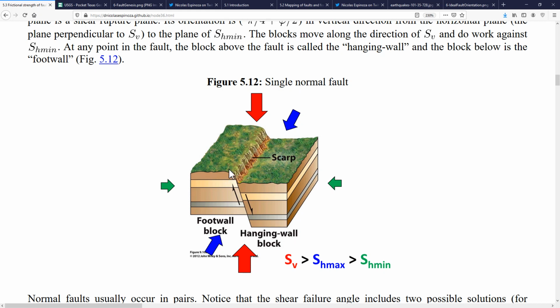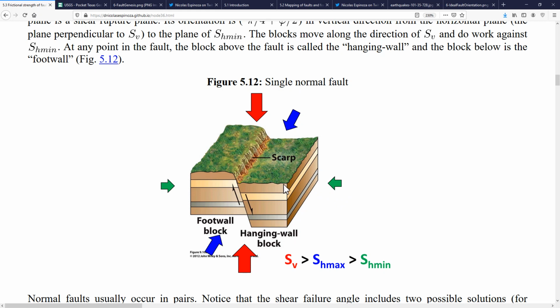The fault is going to form at an angle of dip of more or less 60 degrees from the horizontal plane with respect to the plane of the fault. And notice that the strike of the fault is going to be perpendicular to the minimum principal stress. Let's try to understand physically what's going on here.